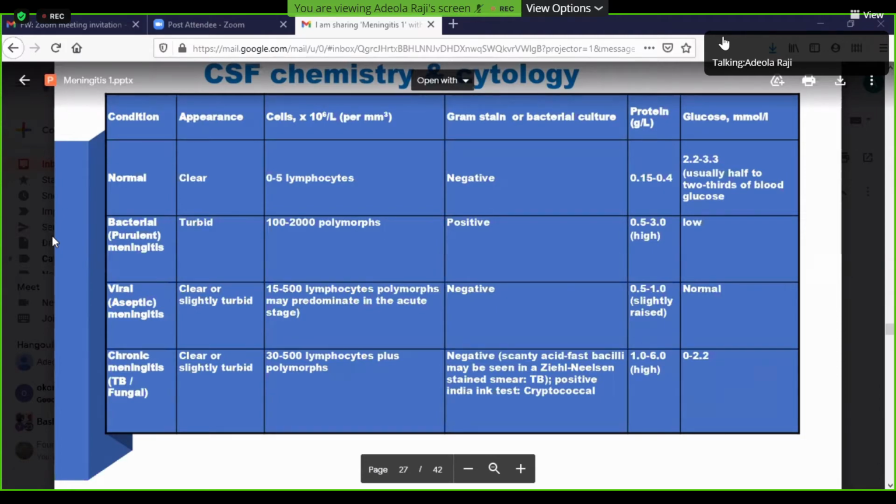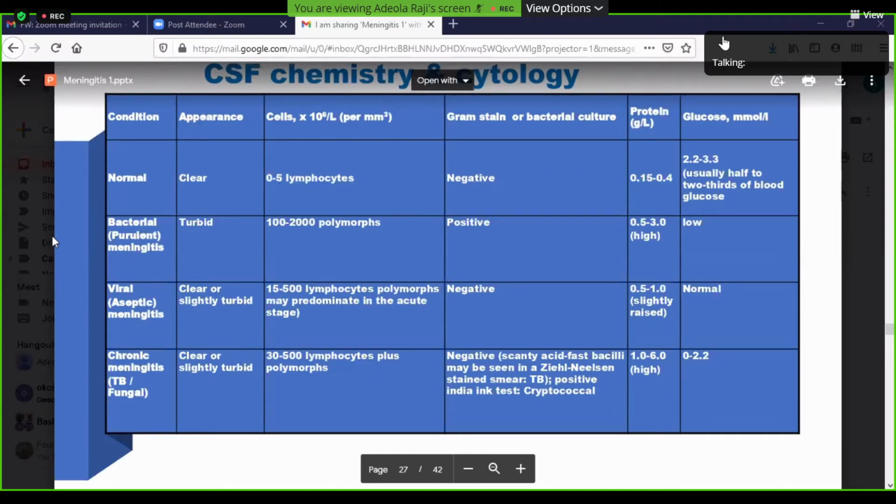You learned that in your POD lab, right? If you perform an AFB stain, Ziehl-Neelsen stain, you may see some organisms, but it's usually low yield. You may perform the India ink test. India ink test is specific for cryptococcal fungal agents.